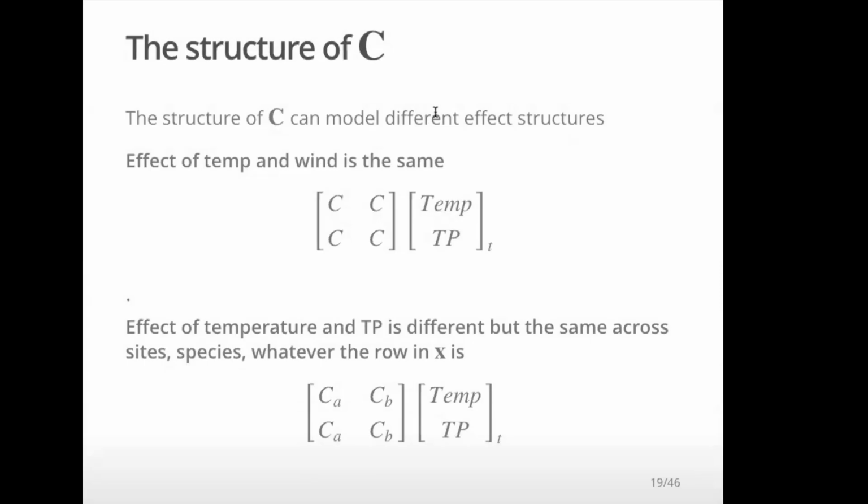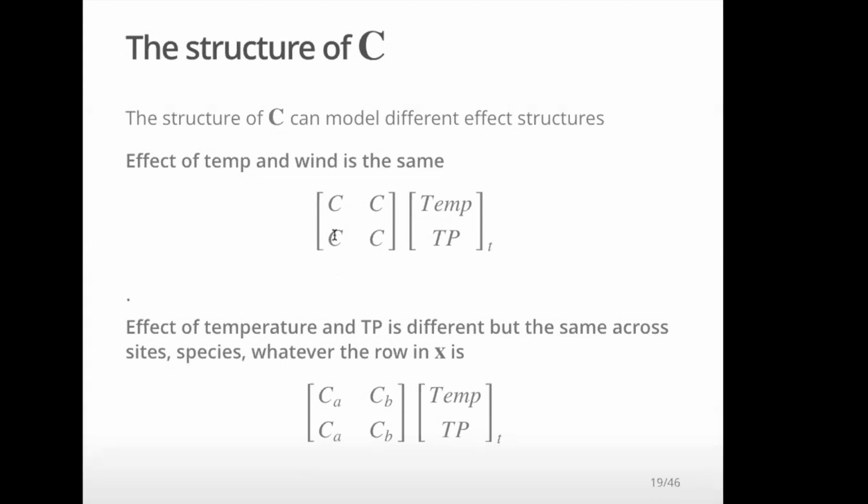That should be TP here. In this case, this effect matrix has all the same values. What is that saying? That's saying that the effect of temperature and TP is the same, both across both covariates and also across whatever those x rows are measuring.